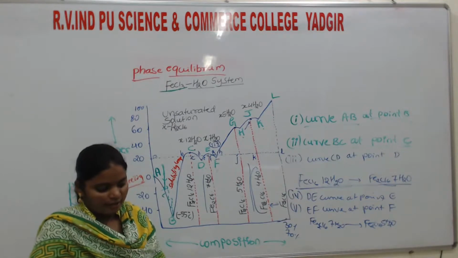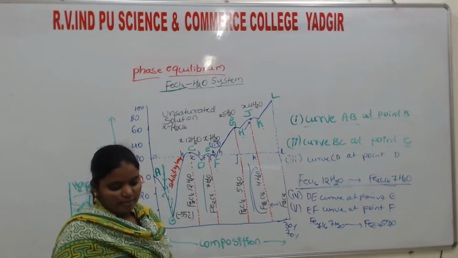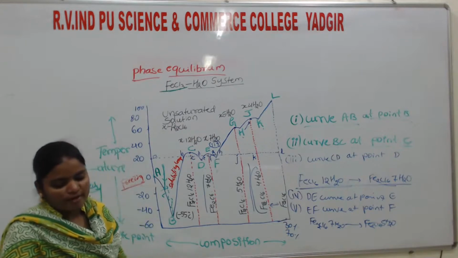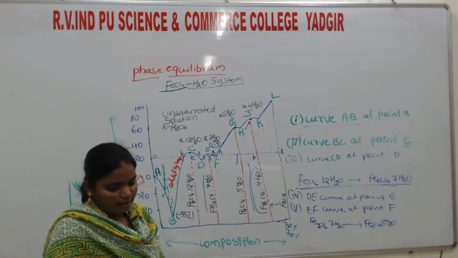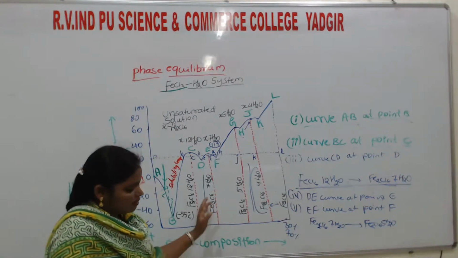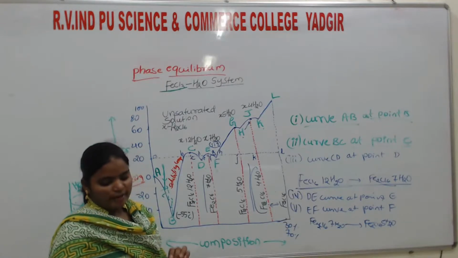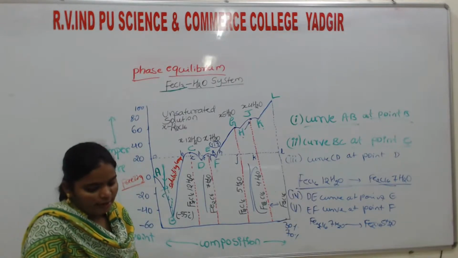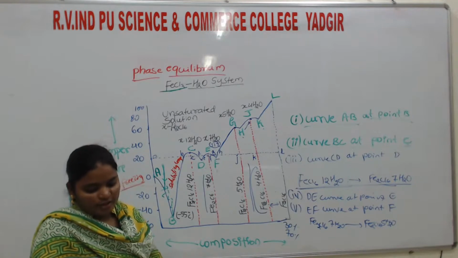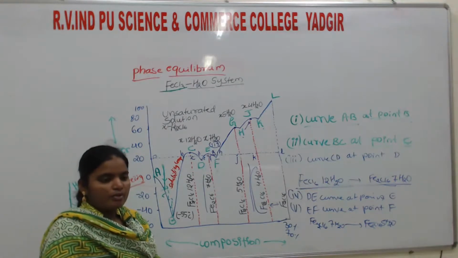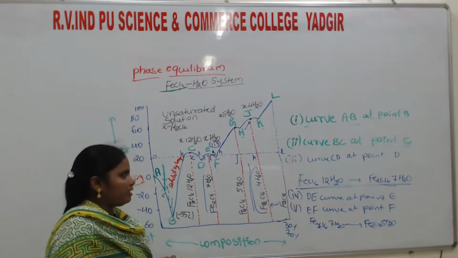Beyond the point B, more and more water evaporates, and more hydrate Fe2Cl6·12H2O separates out till point C, where only Fe2Cl6·12H2O is separated.